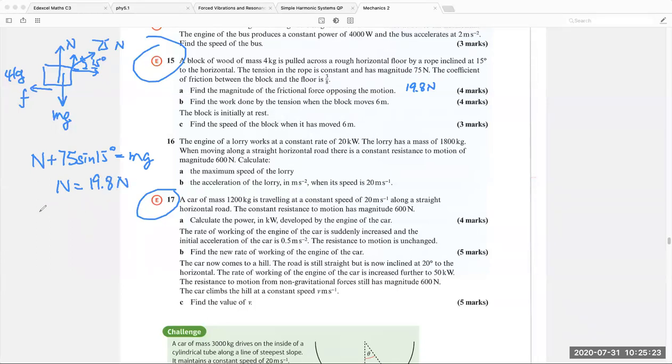And then if you multiply by the coefficient of friction, you get the friction to be 7.42 Newton. Any question here?